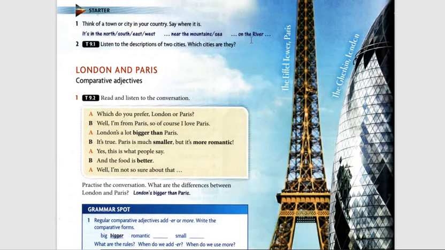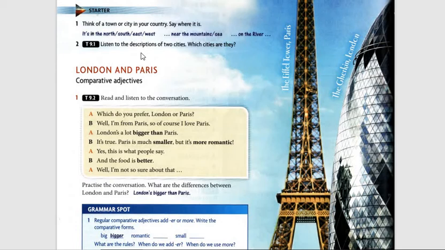So if you want to make a comparison between these two cities, you have to use these words in order to help you show the comparison, and to use the comparative adjectives on the basis of position, distance, and weather.